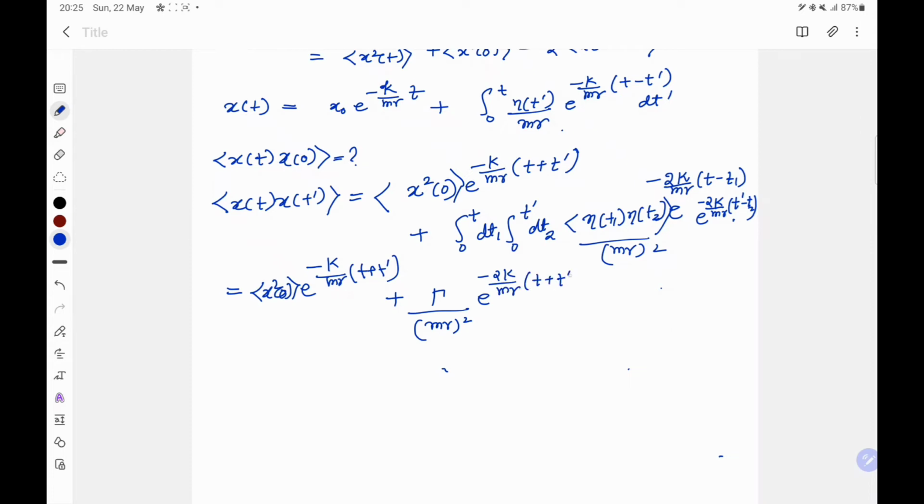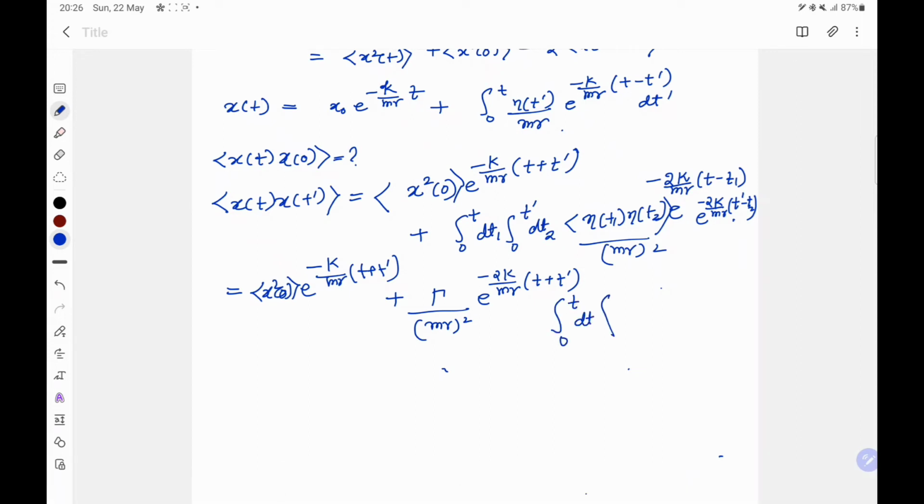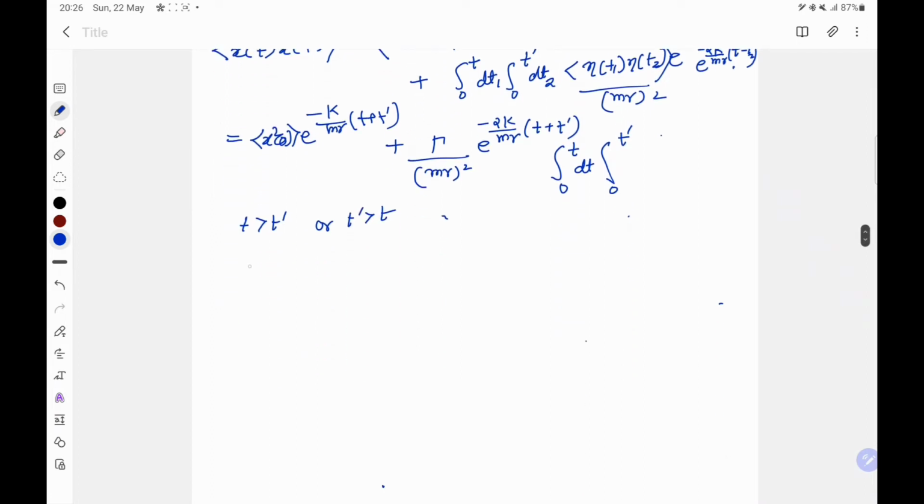e to the power minus kappa over m gamma (t plus t prime). And if you solve this integration, so again we have to choose whether t is greater than t prime or t prime is greater than t. For now let us assume that t is greater than t prime.